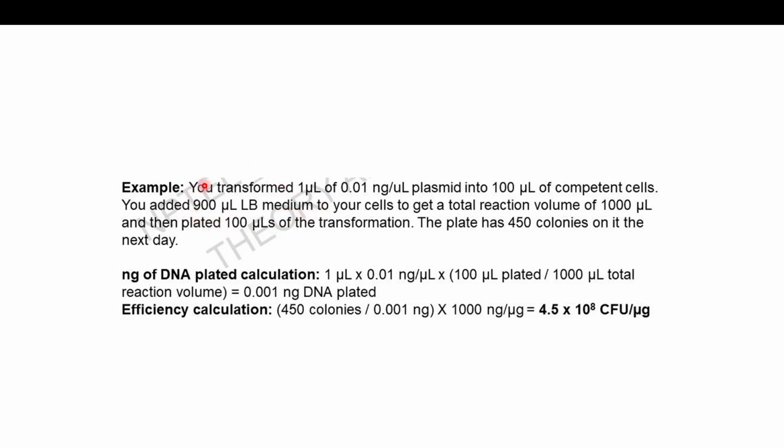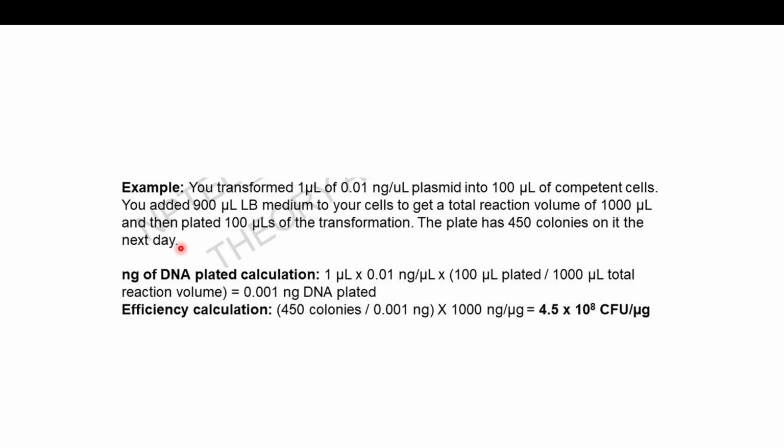This is the recovery medium that we were talking about earlier. 900 microliter to 100 microliter of competent cells to get a total reaction volume of 1 ml. And then after letting the cells grow, we plated 100 microliters of the transformed cells. And finally, we get 450 colonies.